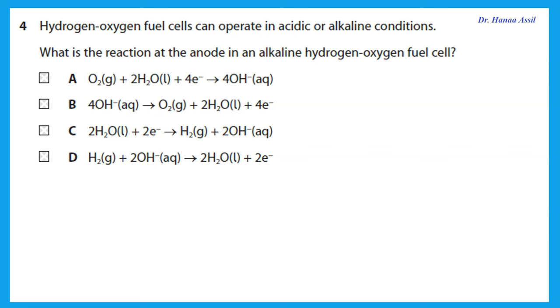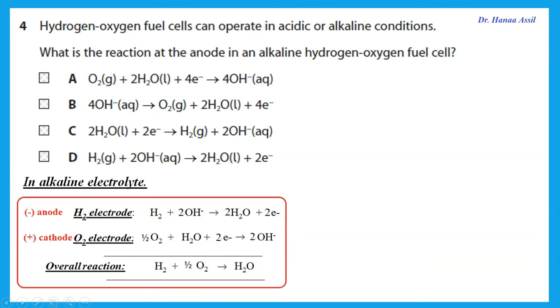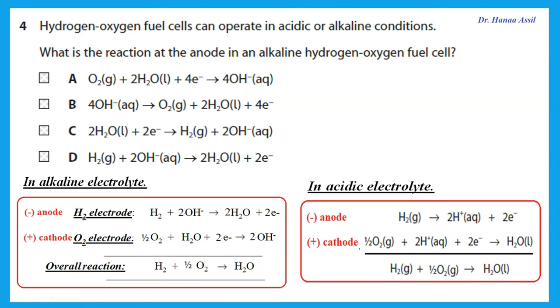Then question 4 says hydrogen-oxygen fuel cells can operate in acidic or alkaline conditions. What is the reaction at the anode in an alkaline hydrogen-oxygen fuel cell? Now we should know the equations that happen in alkaline electrolyte and in acidic electrolyte.